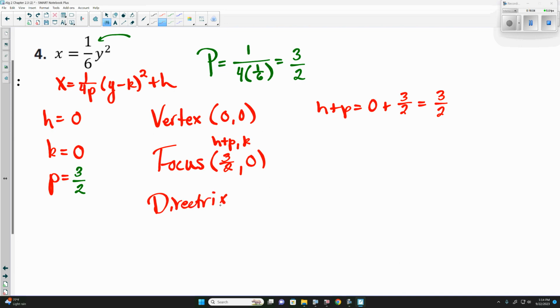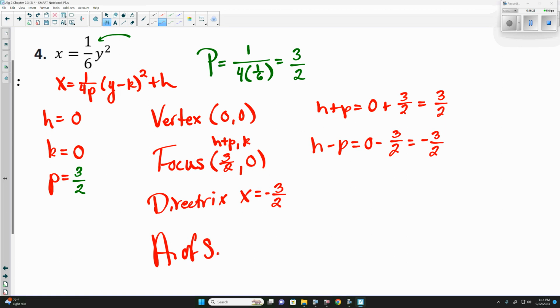Directrix, it would indeed change to -3/2, as our h minus p would be 0 minus 3/2, which is -3/2. And lastly, the axis of symmetry, it would be y equals 0.